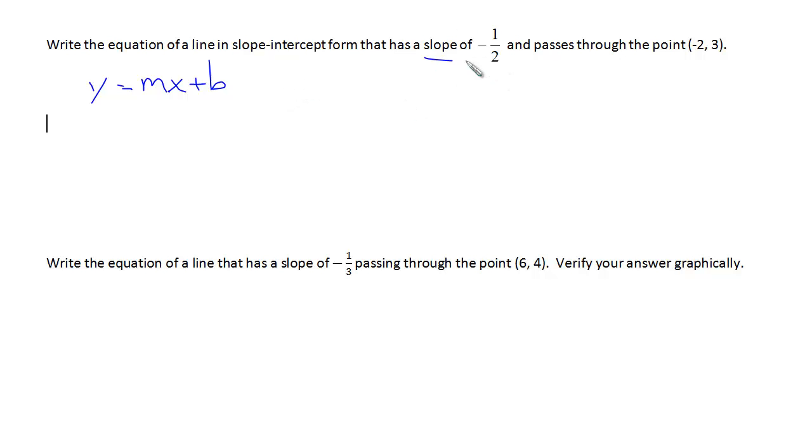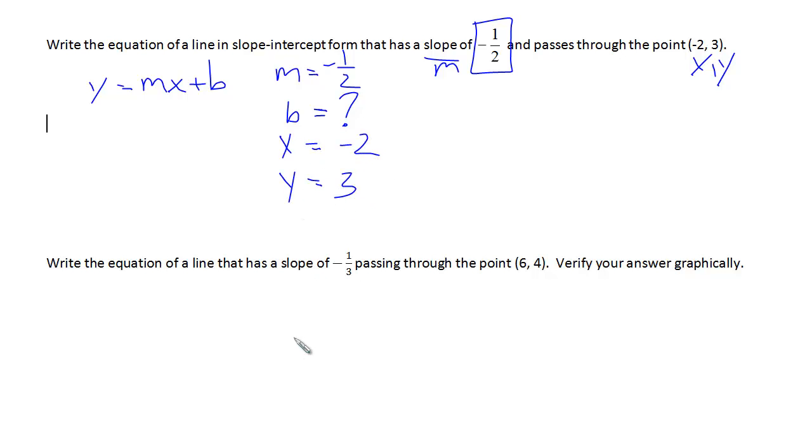And I know that the slope is represented by the variable m, and I see that here as -1/2. So I know m equals -1/2. What I don't have is b. And then there's also an x and a y in here, and since I'm trying to find b, I do have a point. So I have an x of -2 and a y of 3.